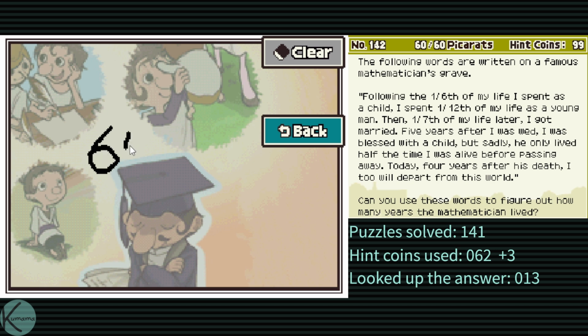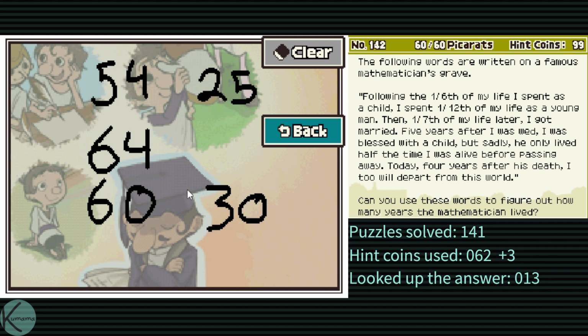Say he's 64 and that his son died when he was 60, and that would have made the son 30. Half the time I was alive before passing away. So that would be half. 54 seems real old, real young to be like, and now I die.